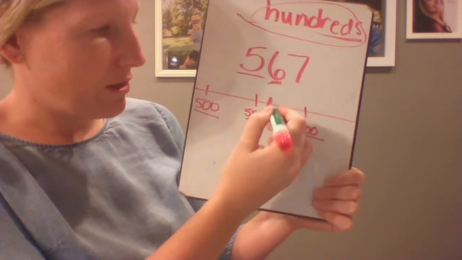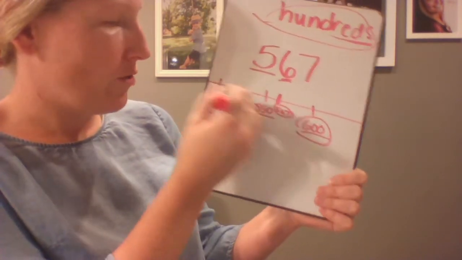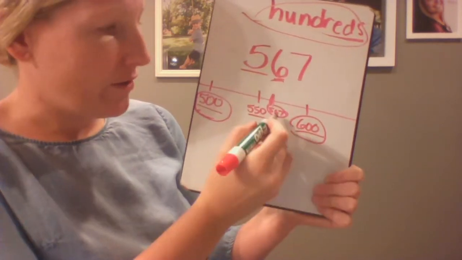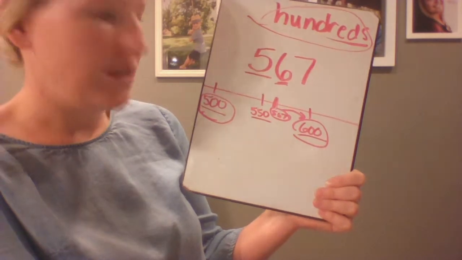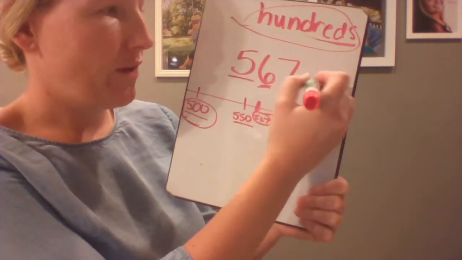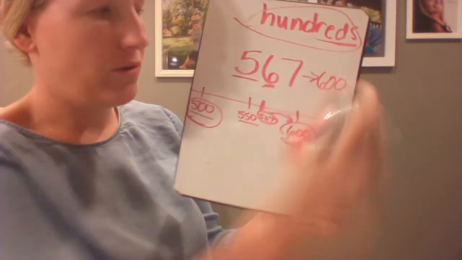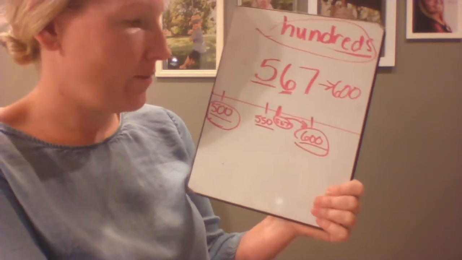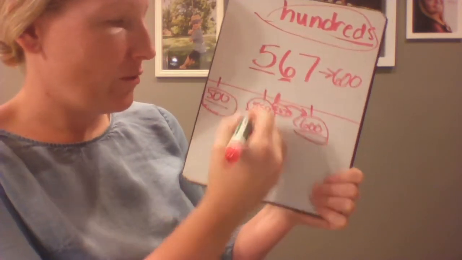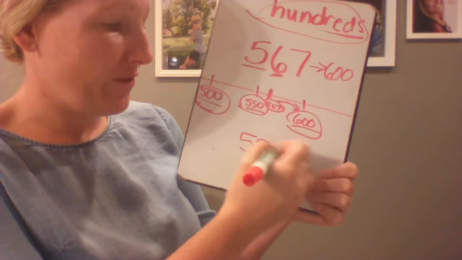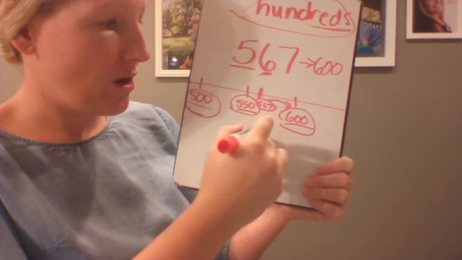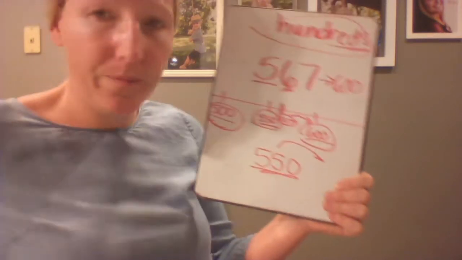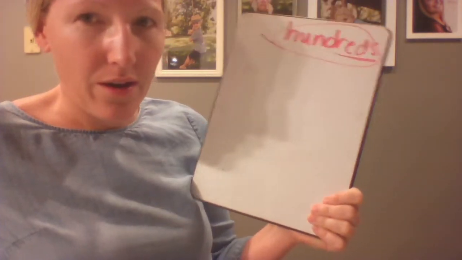So then that tells me that the nearest 100 to 567 is 600. So 567 would round to 600. Now remember, even if our number were 550 and it falls right smack dab in the middle, you're always going to round it up.